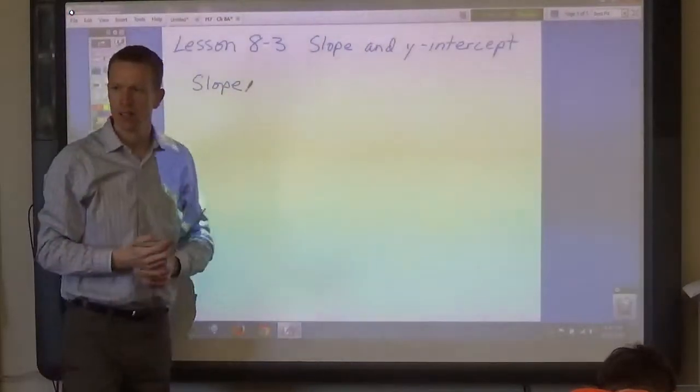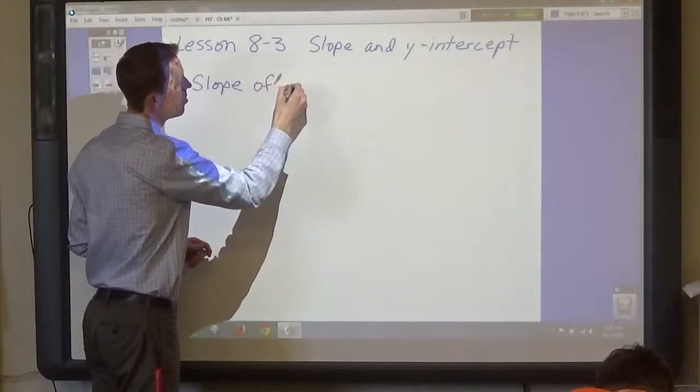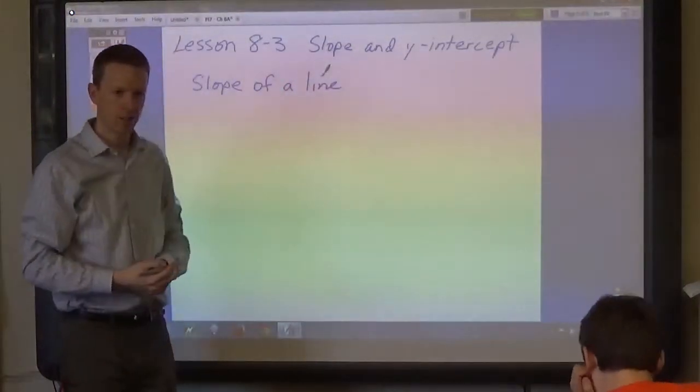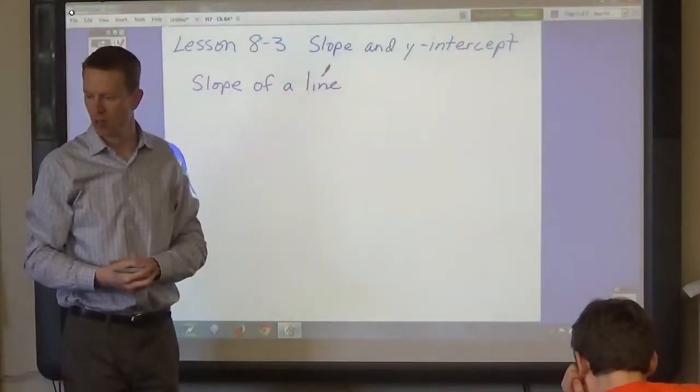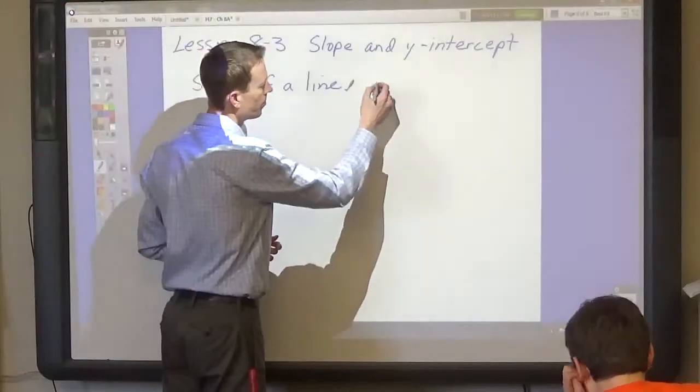Now, let's write down some notes about slope. The slope of the line is the change in the y-coordinate over the change in the x-coordinate. Okay?